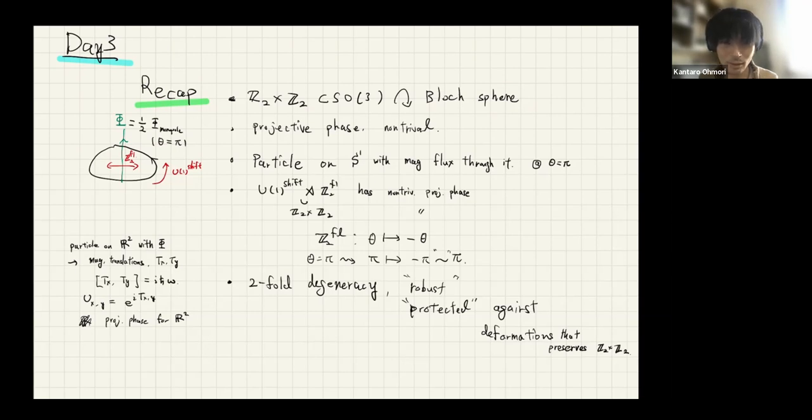I'm going to introduce group cohomology in a very algebraic way, and you might want a more geometric realization of the same cohomology group.